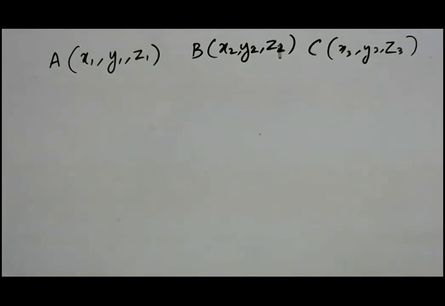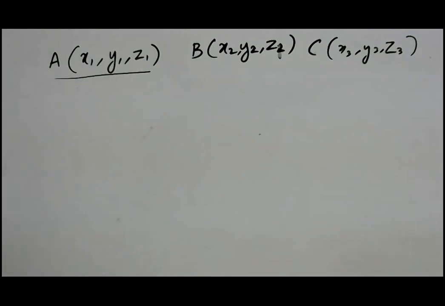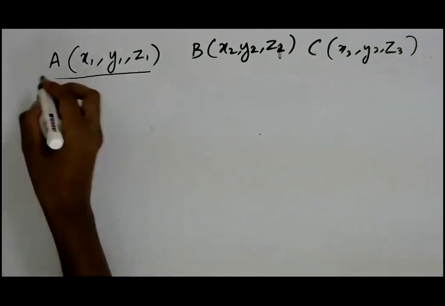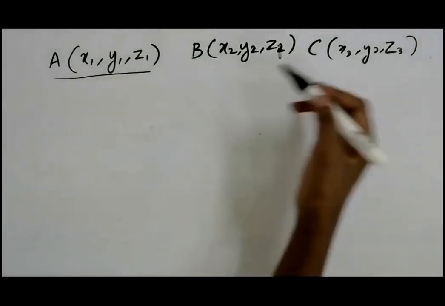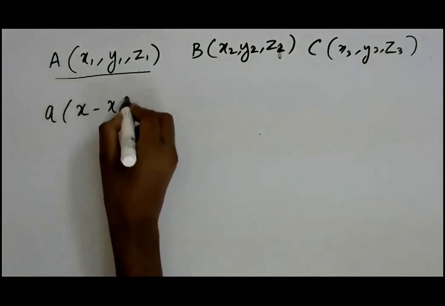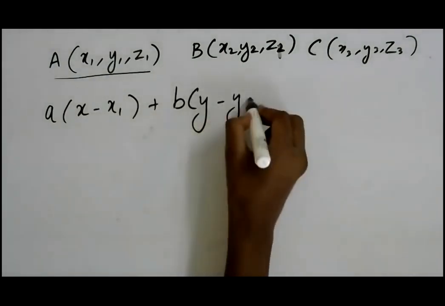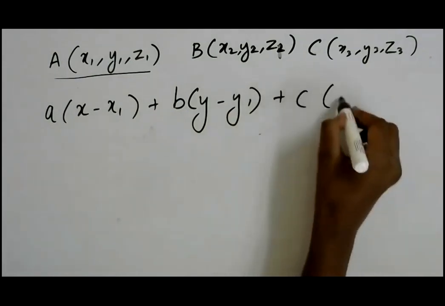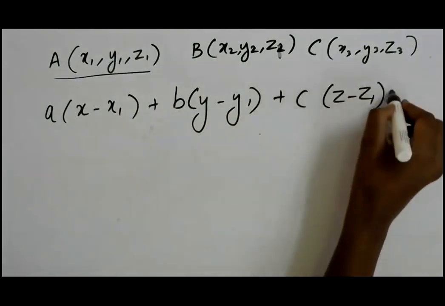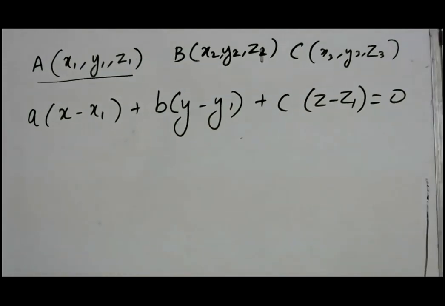We already learned the 1 point form of a given plane. If we consider this point for the 1 point form, then the equation of the plane which passes through A, B and C is going to be A times (x minus x1) plus B times (y minus y1) plus C times (z minus z1) equal to 0.